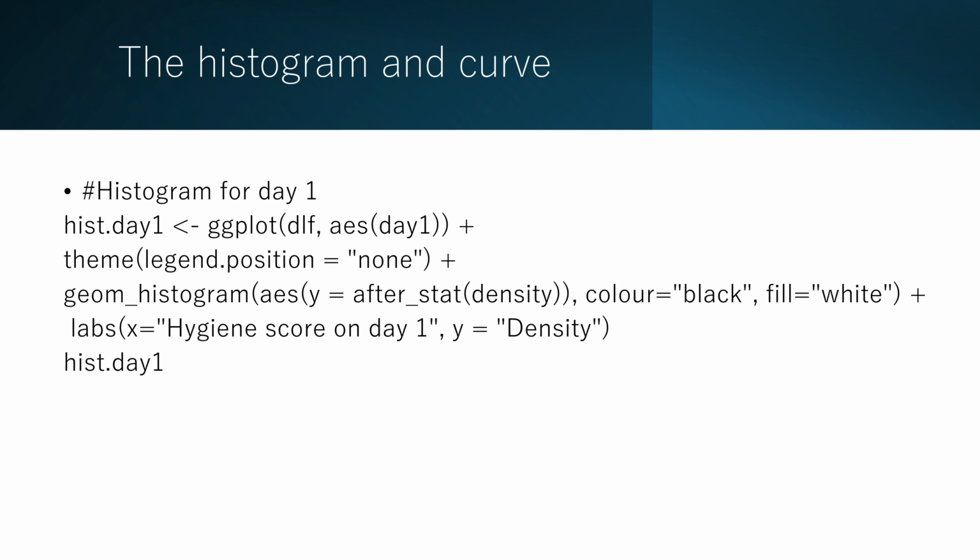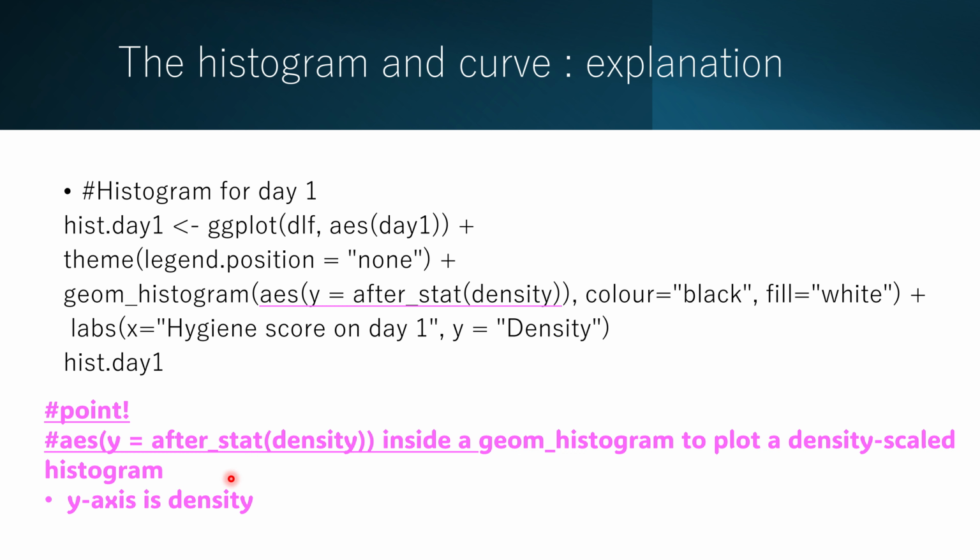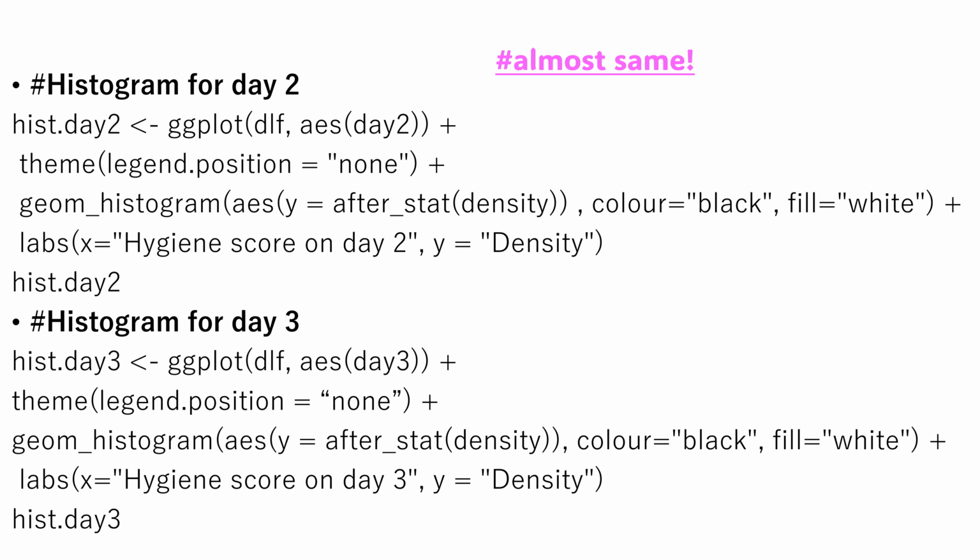Okay, next slide. This is the explanation. aes and geom_histogram to plot the density-scaled histogram. The y-axis is density. Almost the same command can be used for histogram day 2 and histogram day 3.